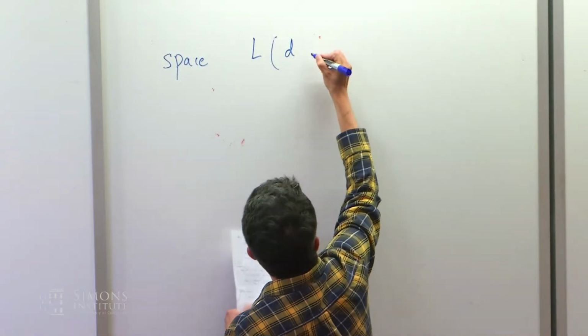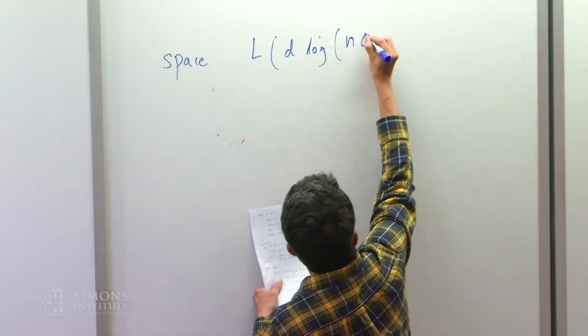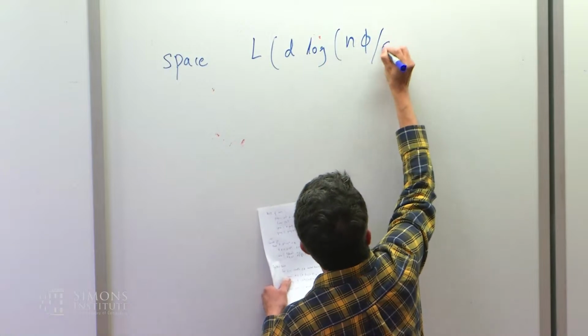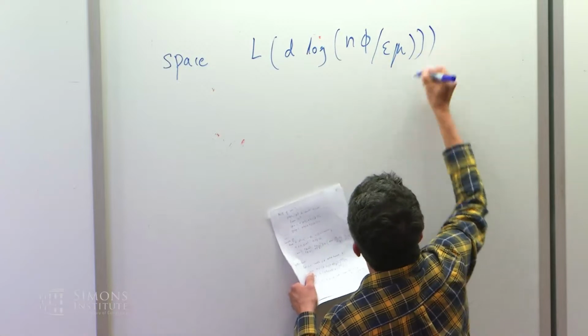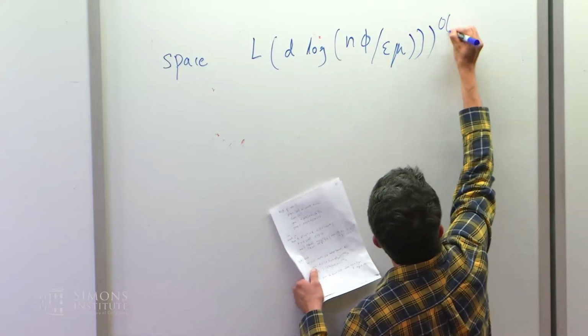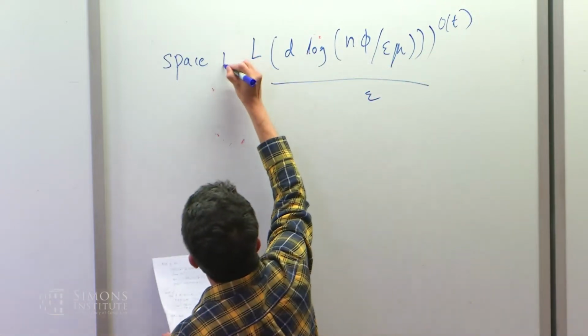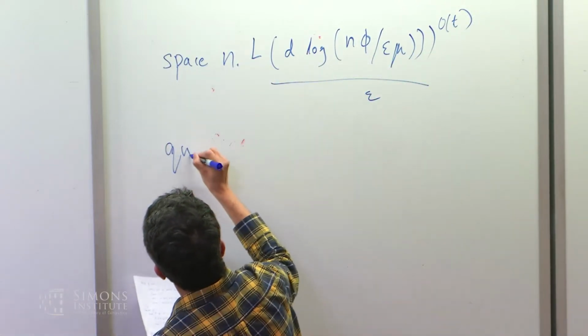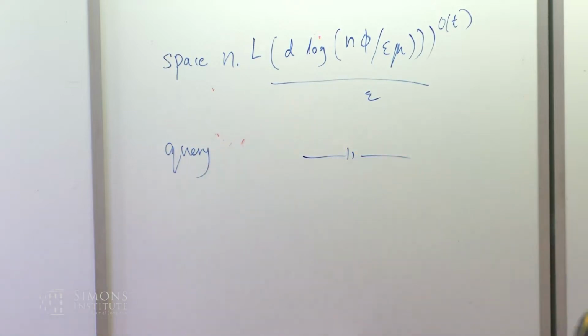The query time is the same thing without the n. So we can get a 1 plus epsilon approximation with this kind of parameters.